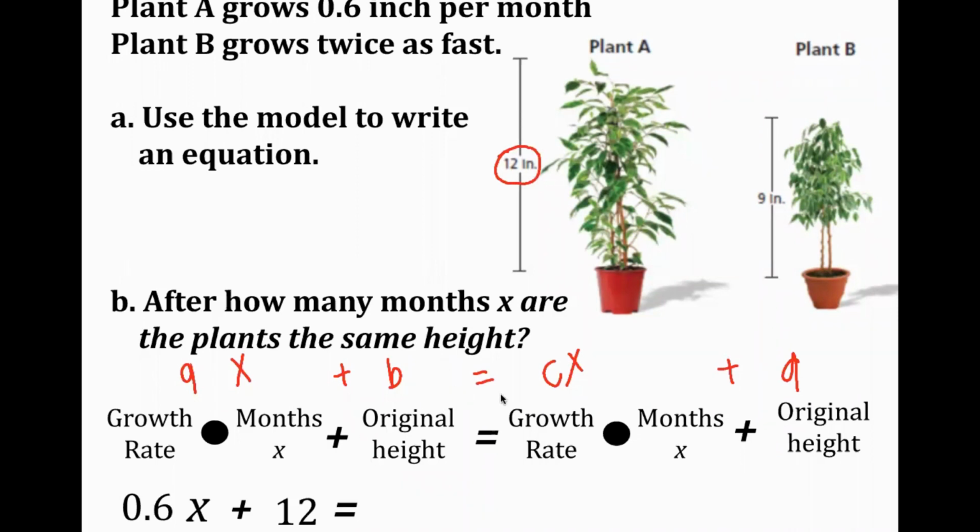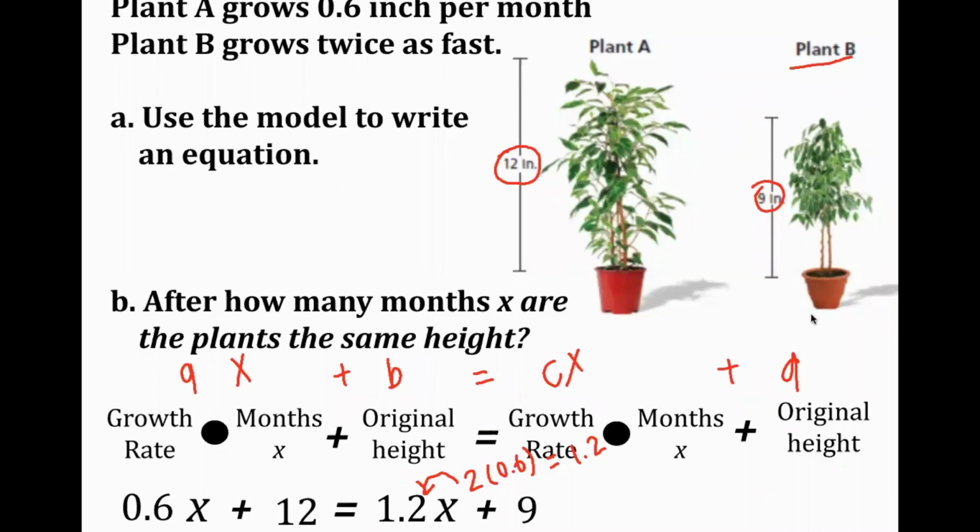Then set that equal to the portion of the equation representing plant B. Our growth rate for plant B is twice as fast as plant A's, so 0.6 times 2, which would represent double the rate of plant A, would be 1.2. So that's how we got our 1.2 in this equation. And then multiply that by your unknown number of months, which is x, plus the original height, which was 9.